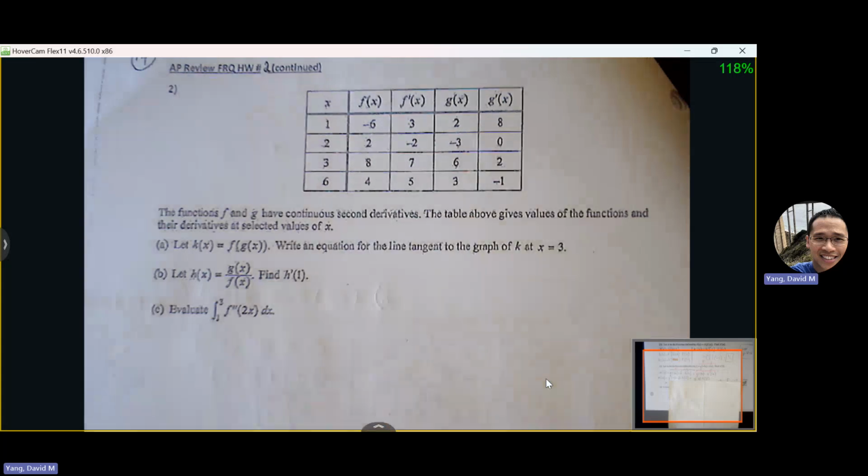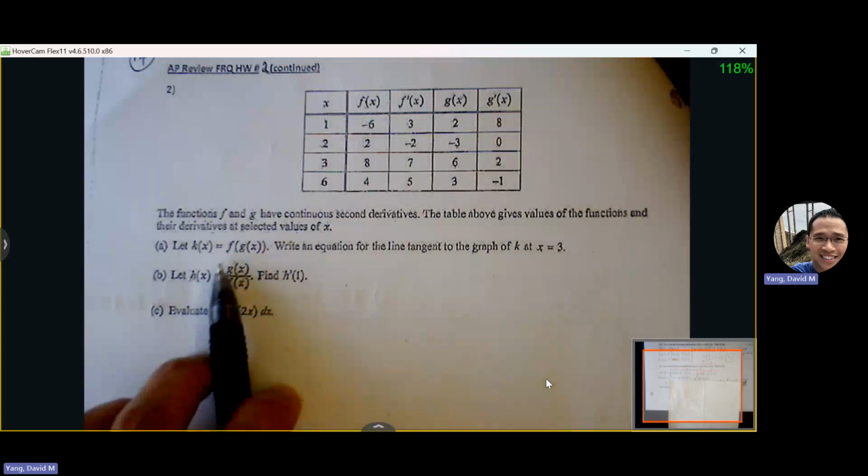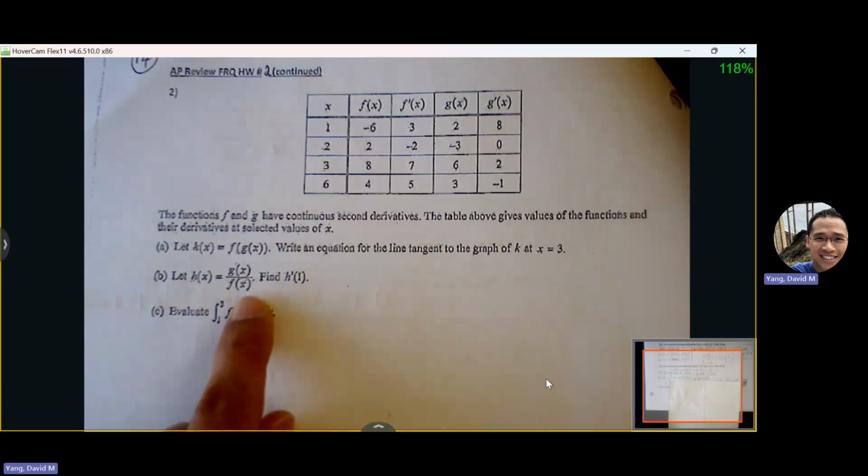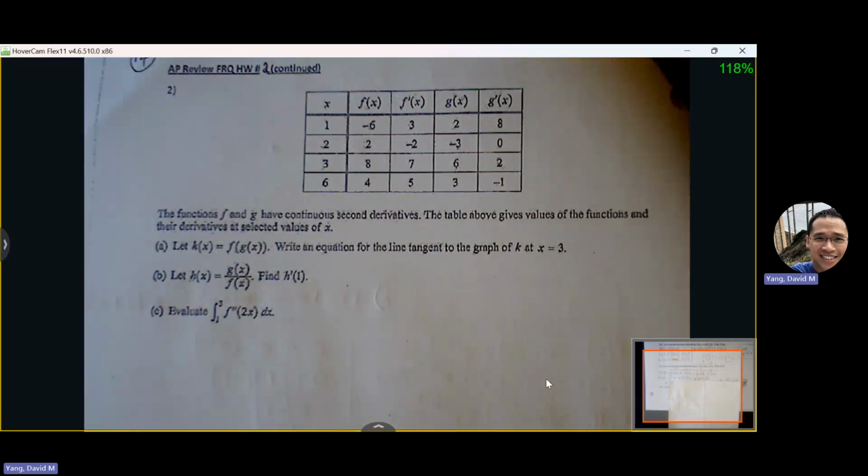The table gives values of functions and derivatives. So let k equal f of g of x, write an equation of the line tangent to the graph at x equals 3. So for the tangent line equation, we're going to find an ordered pair, find the slope, and to get the slope, we use the derivative.